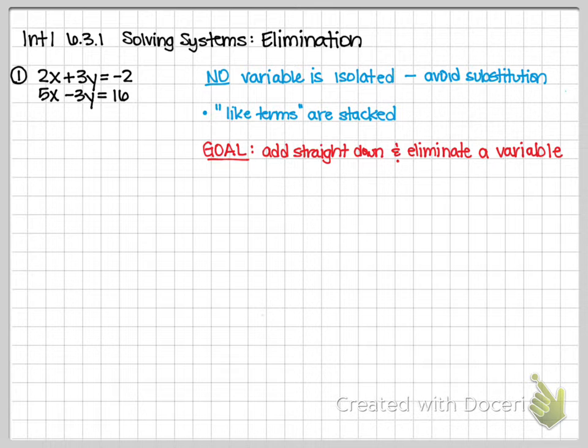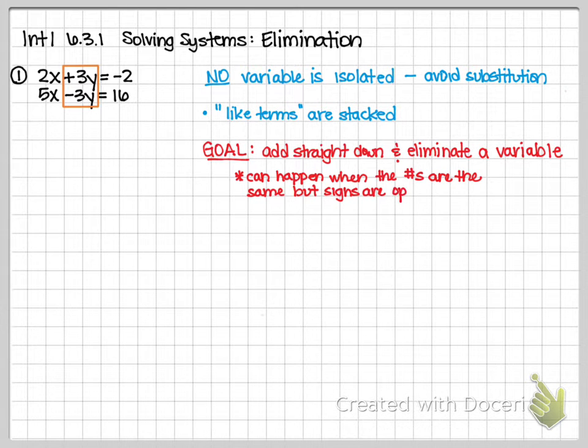So I want to look a little bit more carefully as to why. I'm just going to look at the y's. What lets me know that these two will simplify when I add straight down is the fact that the numbers, the 3's, are exactly the same, but they have opposite signs. One of the 3's is positive, the other 3 is negative. That's the indicator for me. So going over to my goal and adding a little bit of another note here, this can happen when the numbers are the same but signs are opposite.